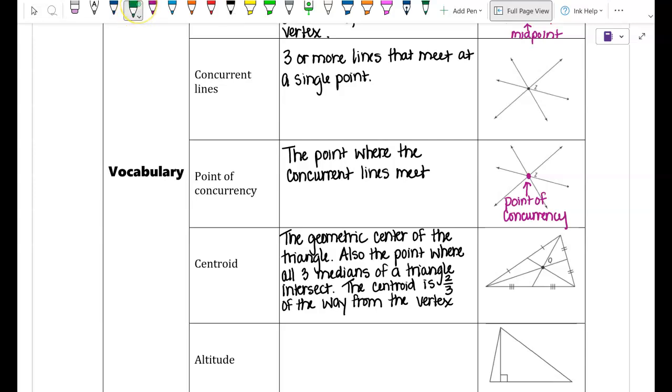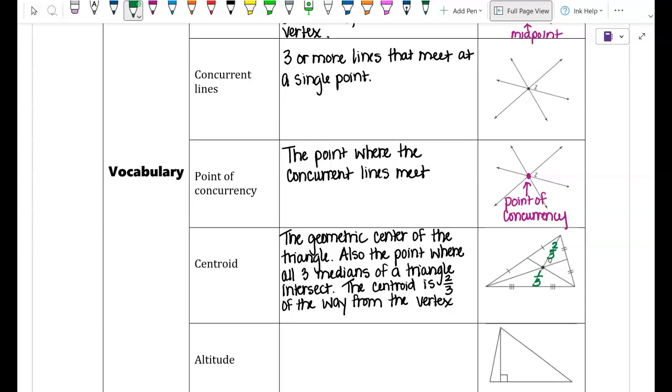So if we're looking at this diagram over here, I'm only going to mark this on one of them just so the diagram doesn't get too filled up. The segment from the vertex to Q is worth 2/3 of the segment, which means the bottom segment is worth 1/3, because 2/3 plus 1/3 would equal 1 to give us a whole segment.